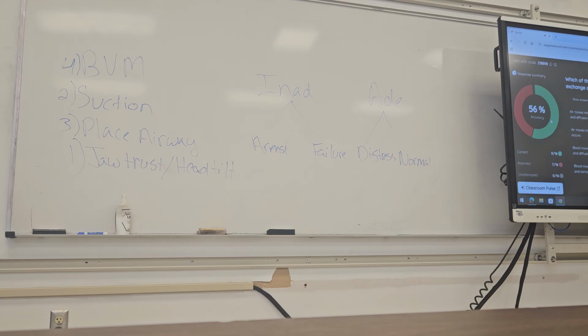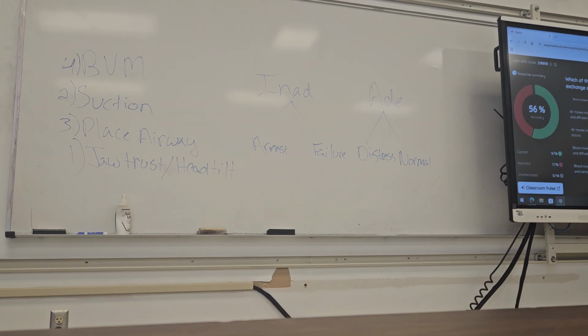All right. Gas exchange. By the way, what is this called when you have gas exchange? That's respiration. And since it's in the lungs, what type of respiration is it? Pulmonary or external respiration. So this is your answer. Air moves into the alveoli, blood is transported via the pulmonary capillaries, and diffusion occurs.